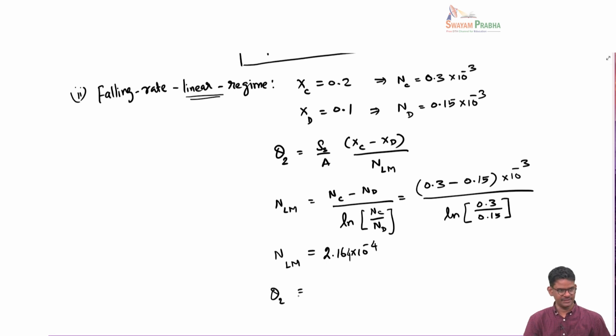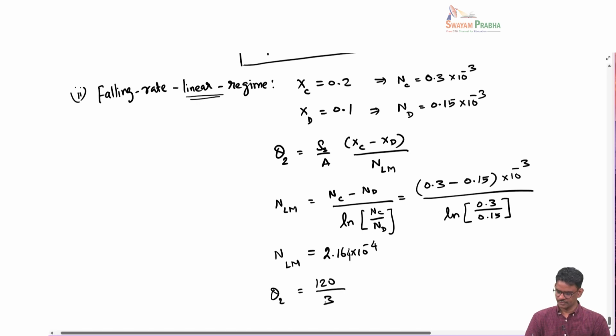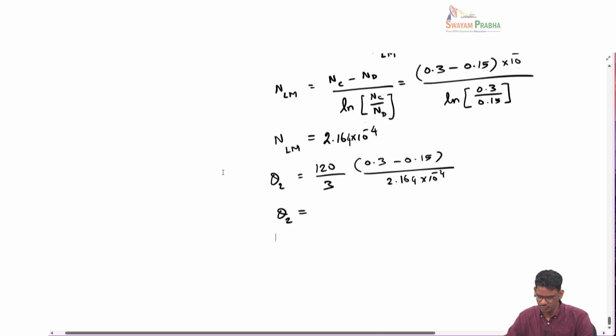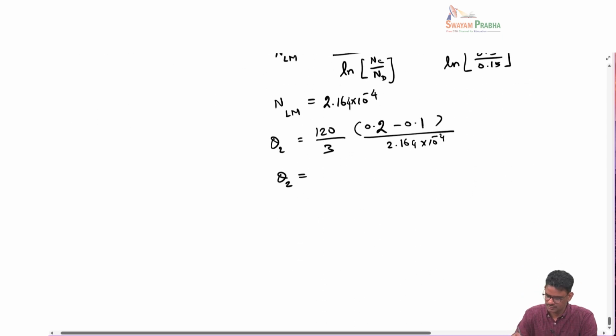The final answer is about 18,000. Okay, close. Yes, this is 0.2 to 0.1.